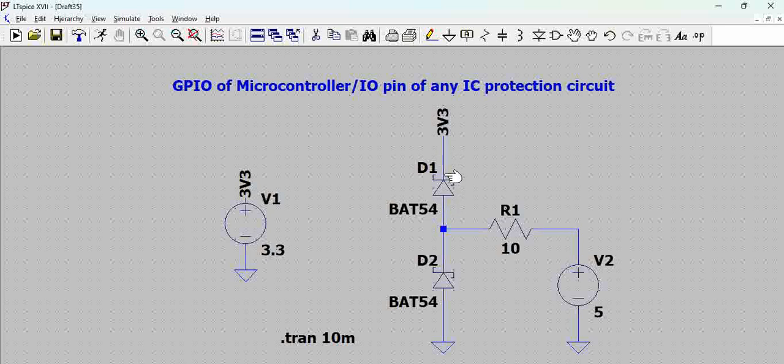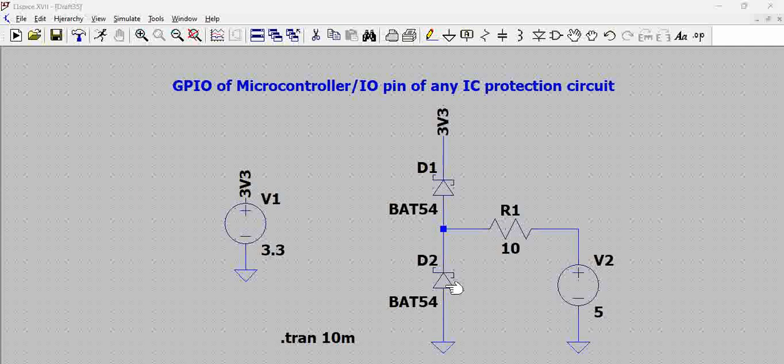So when this diode turns on, all the current that is coming here goes to the 3.3 volt circuit. As we mentioned, the current passing through the other diode will be minimal because it has a higher reverse breakdown voltage.